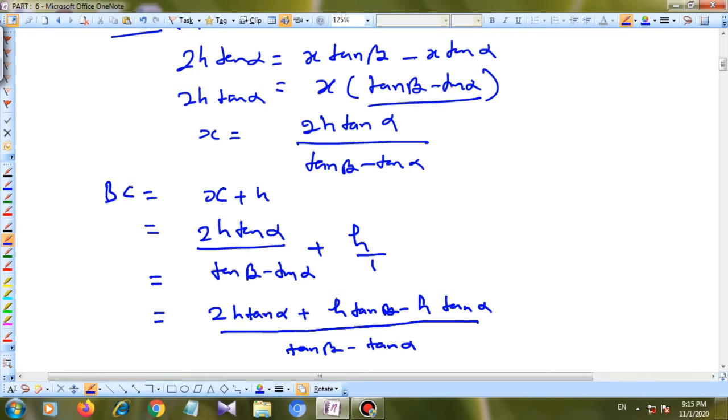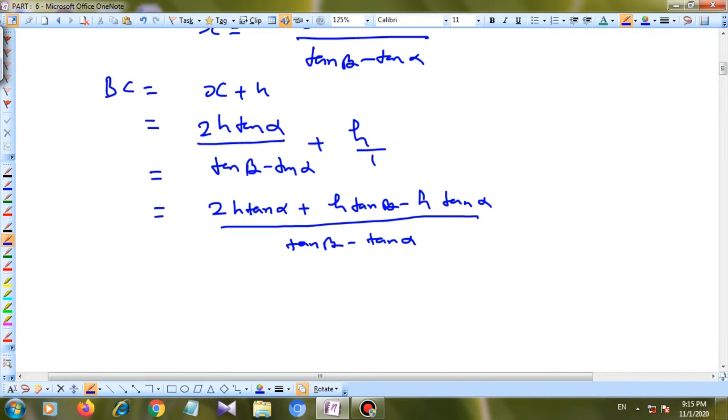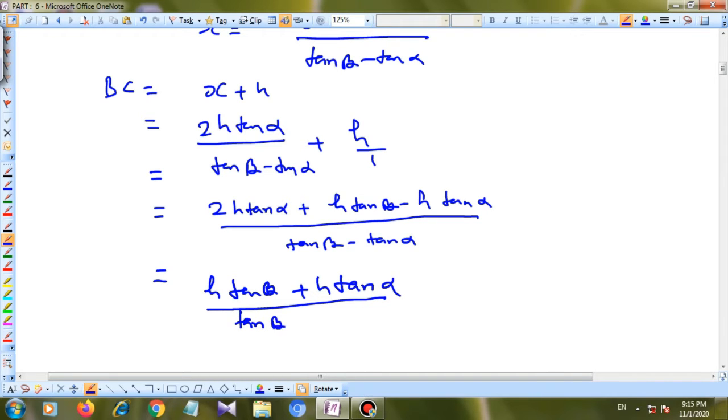Now here 2h tan alpha is positive and 1h tan alpha is negative, so this will become h tan beta plus h tan alpha upon tan beta minus tan alpha.